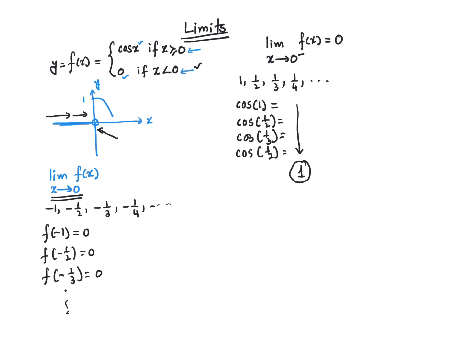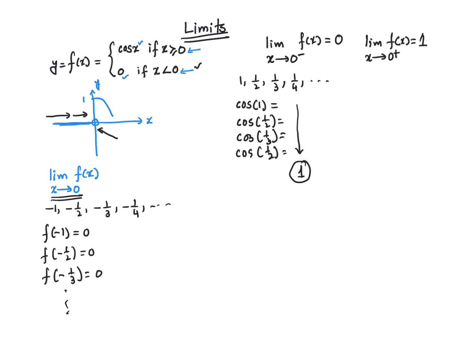So the limit as x approaches 0 from the right-hand side. Again, a bit of convention: if you are approaching from the right-hand side, you put a positive sign as a superscript. So it's going to be the limit as x approaches 0 from the positive side of f of x is equal to 1.